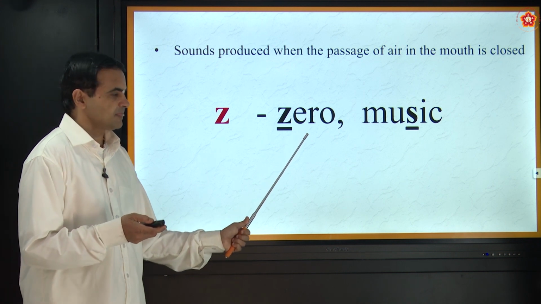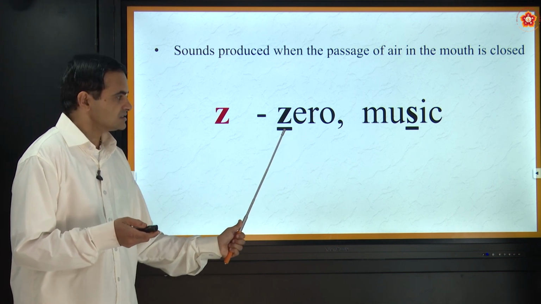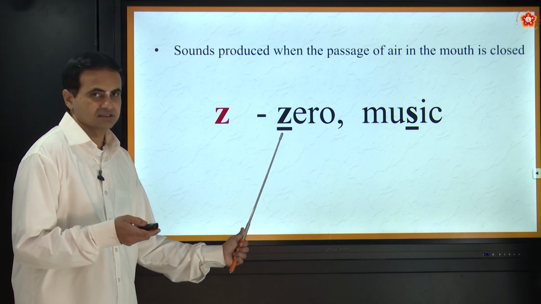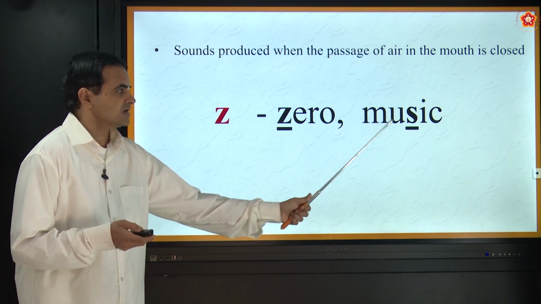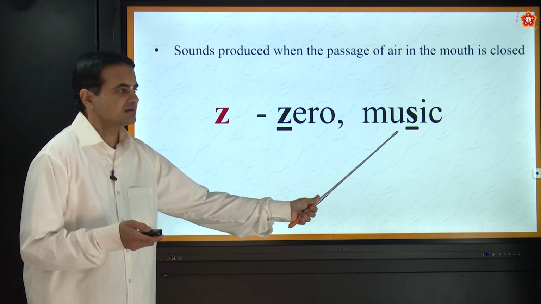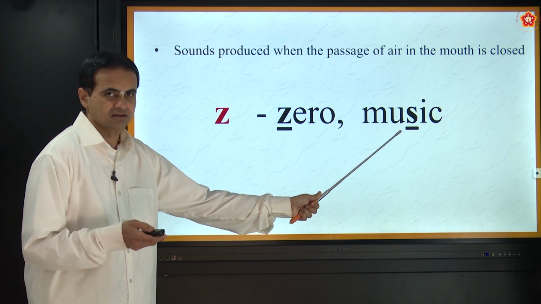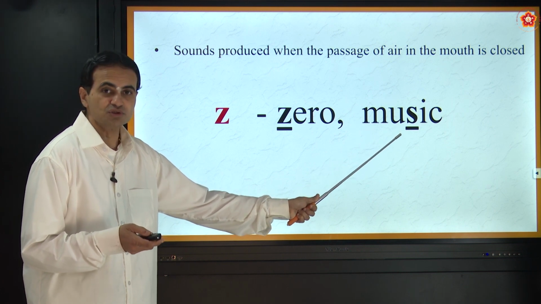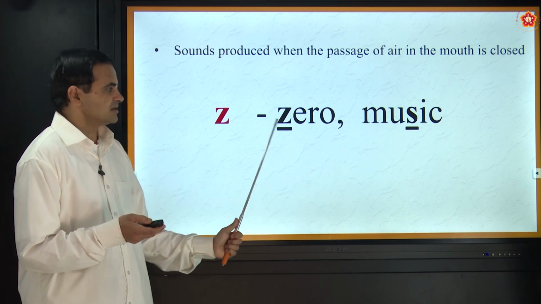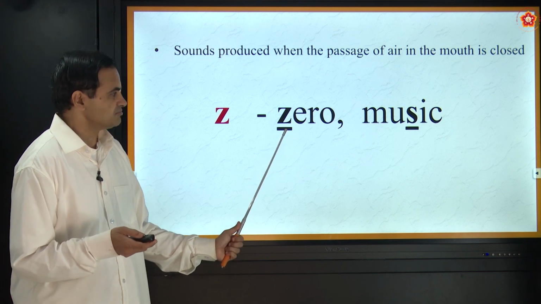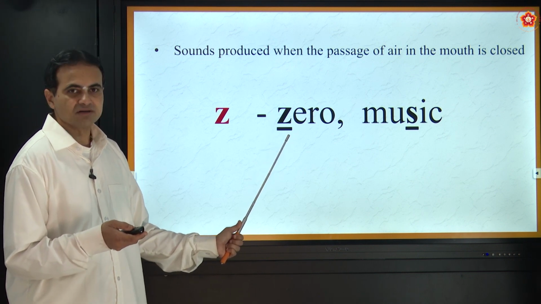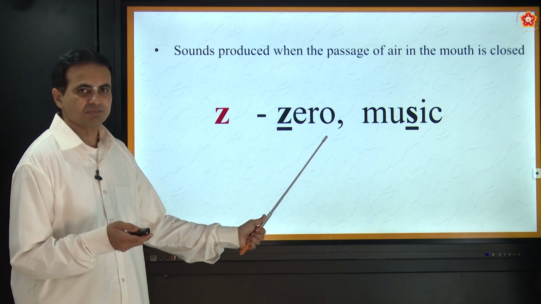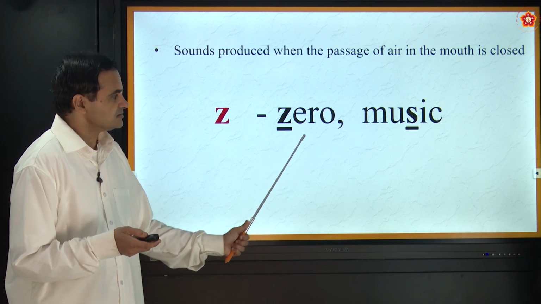So you see here zero, it is not the letter O sound, it is Z. Music, it is not music with an S sound, it is music with a Z sound. And by the way, let me also bring to your notice that the word zero should be pronounced as Zia-rau.